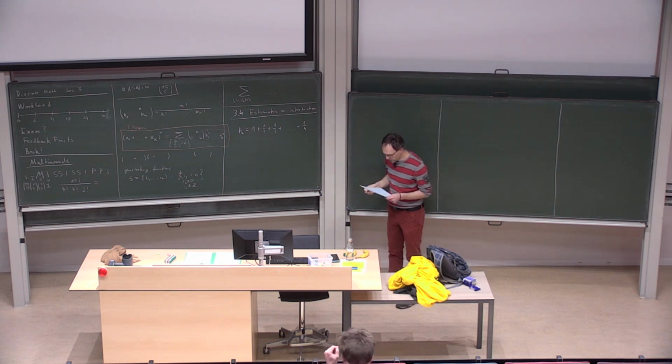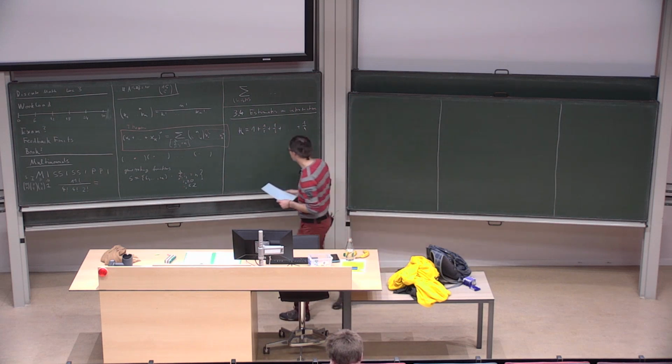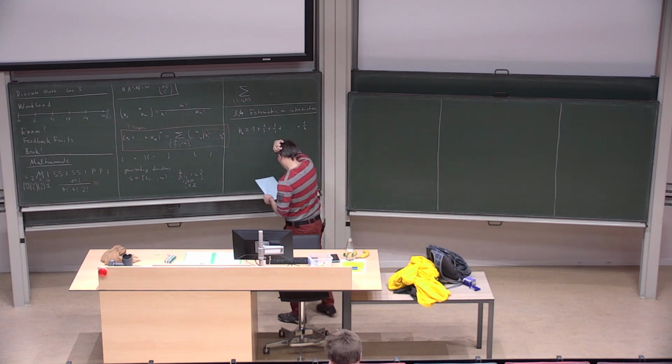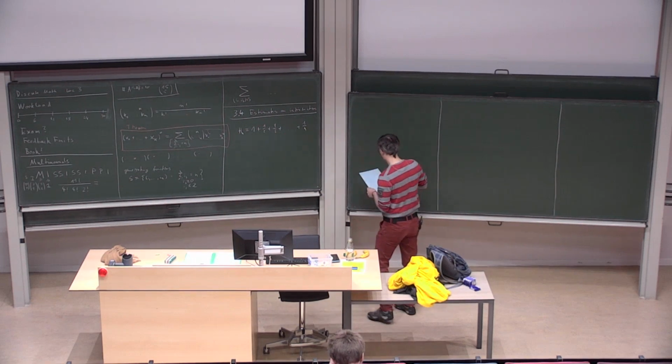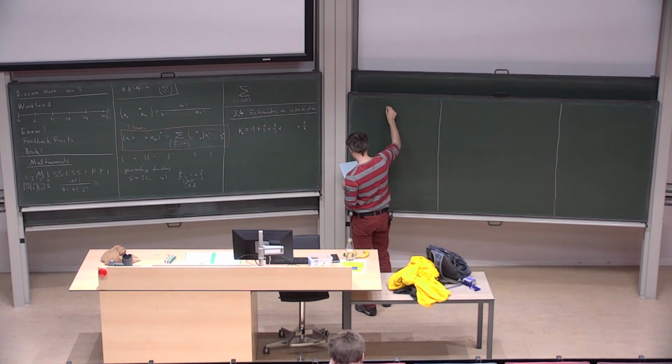Okay, so maybe I'm not telling you too many new things here. Now I want to estimate them. But I need a little bit more space, so I write them like this.